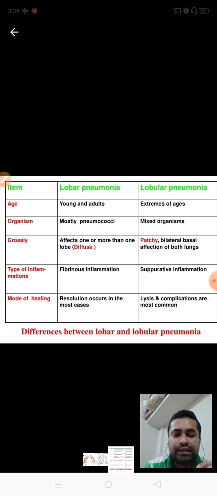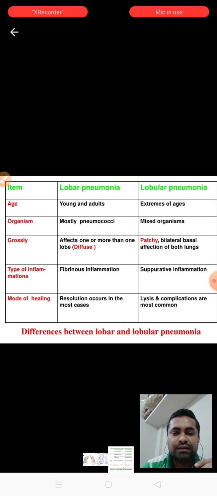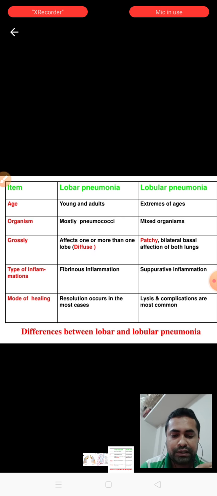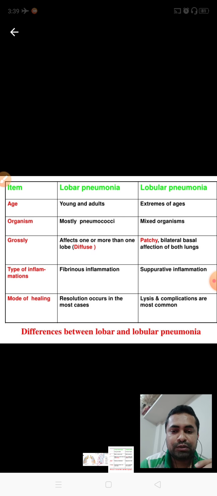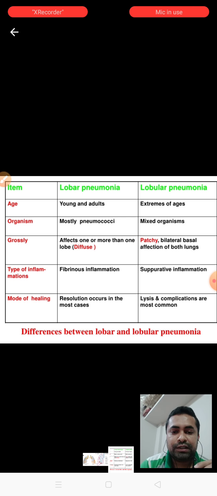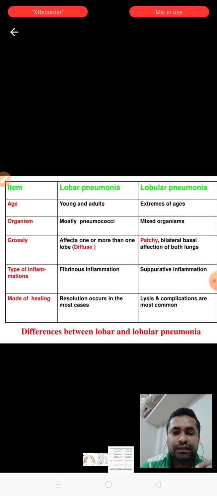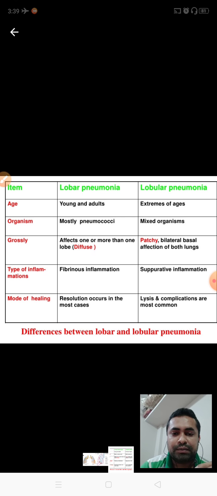Now there are some points to differentiate between lobar pneumonia and lobular pneumonia, like age. Lobar pneumonia occurs in young adults, and lobular pneumonia, as I just said, occurs at extremes of ages. And the causative organism in lobar pneumonia is mostly pneumococci. In lobular pneumonia, there are many organisms which I already stated. The third point is gross appearance.